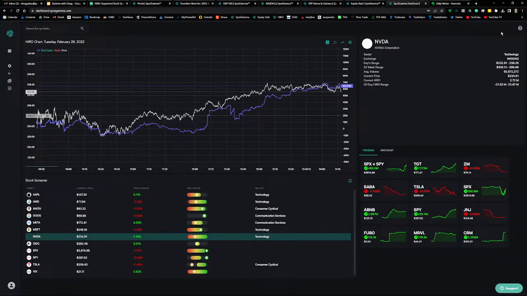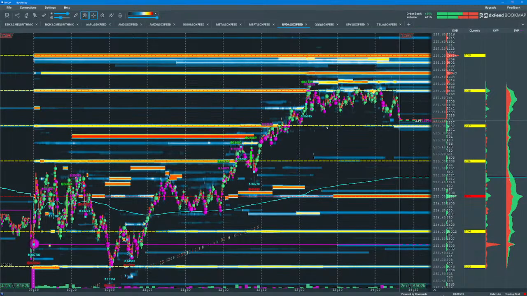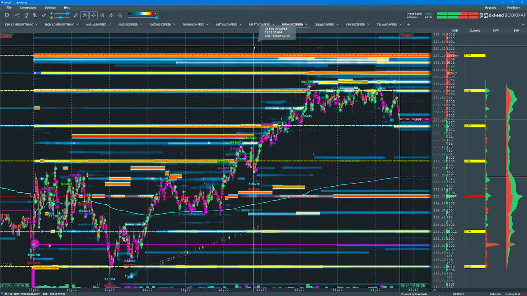And I do find NVIDIA somewhat harder to read than other stocks. The correlation is not quite as strong as Tesla, for example, which we'll look at in just a minute. So let's go back to Bookmap now. So nice strong uptrend.